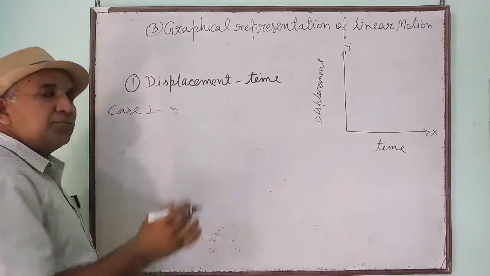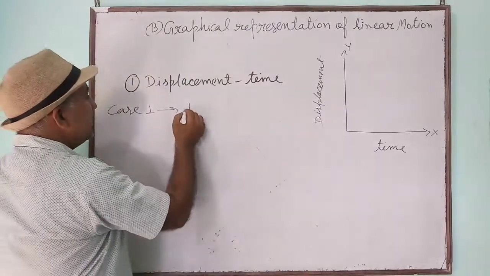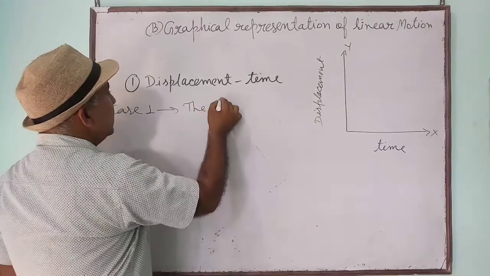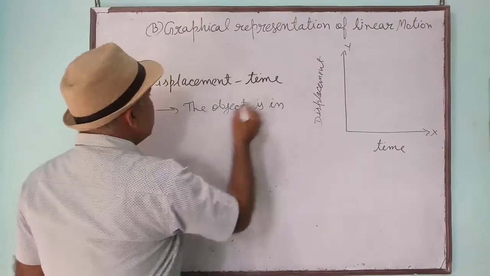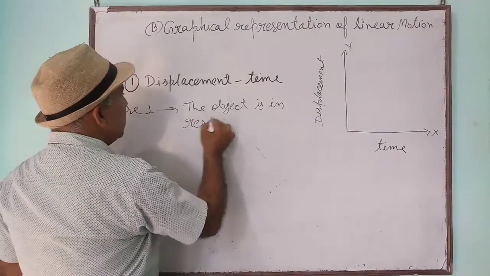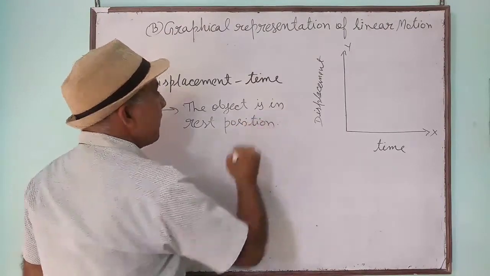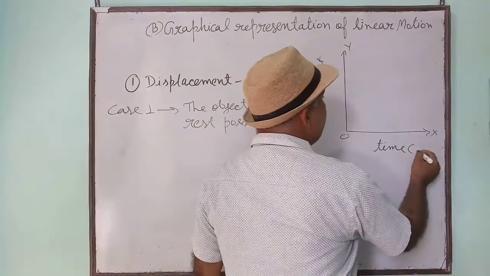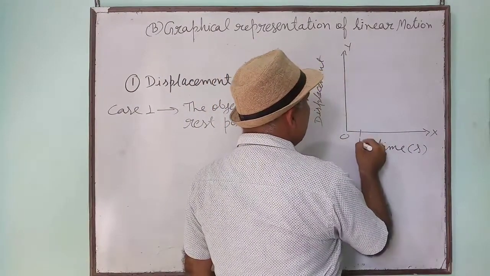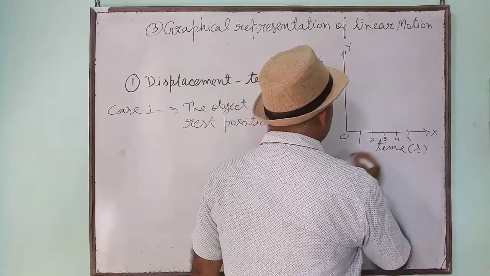Now, how to draw the graph? We will take some cases. In the first case, suppose that the object is in rest position. Okay, now see how to draw the graph. Suppose that time we are taking in seconds. 1 second, 2 second, 3 second, 4 second and 5 second.